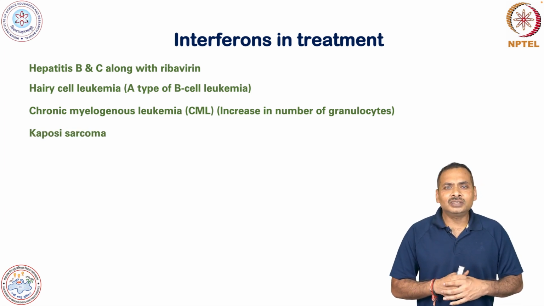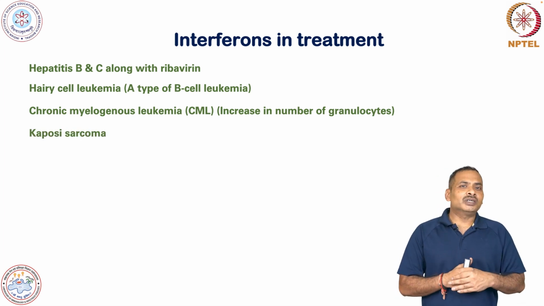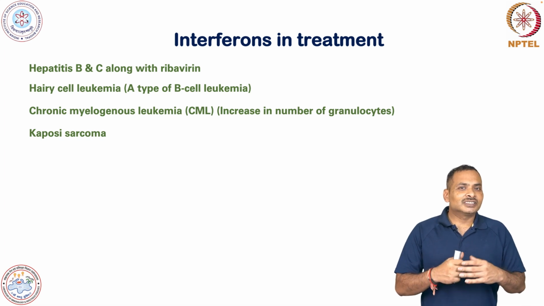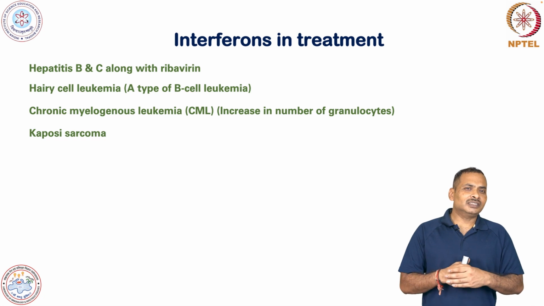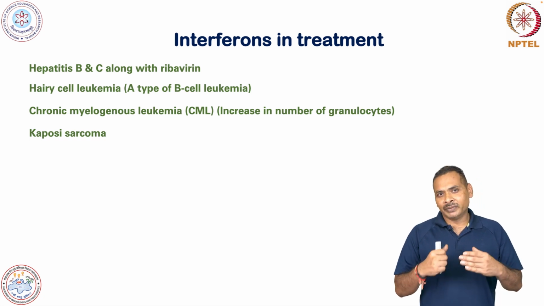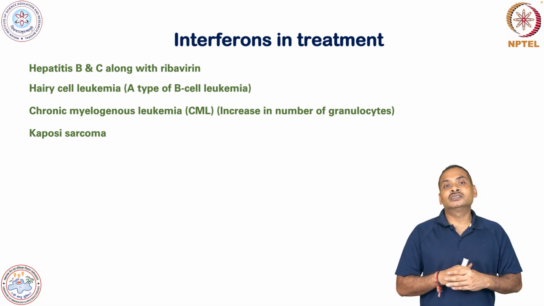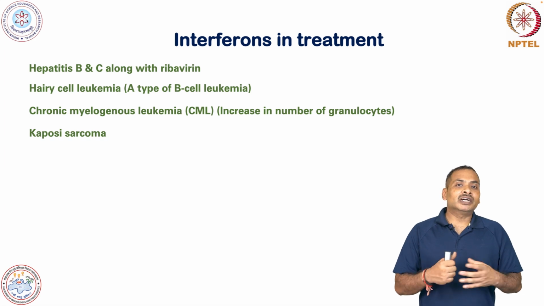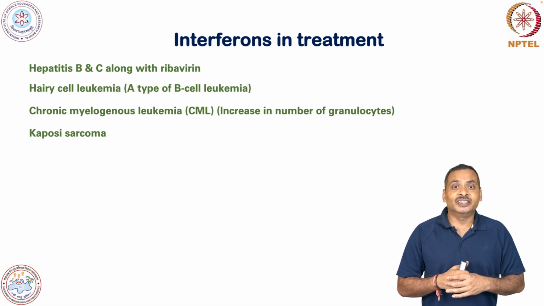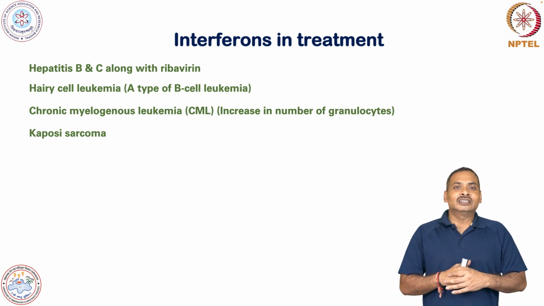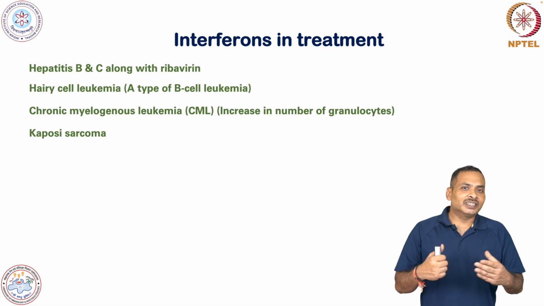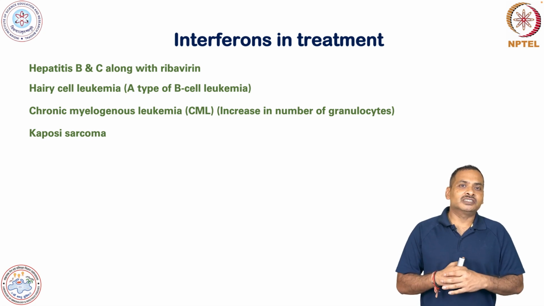Kaposi sarcoma is a skin cancer. This skin cancer is mainly associated with acquired immunodeficiency. When I say acquired immunodeficiency, one virus infection comes into the picture, right?